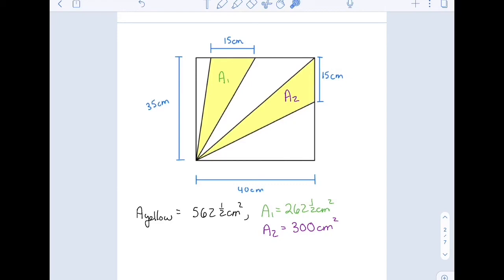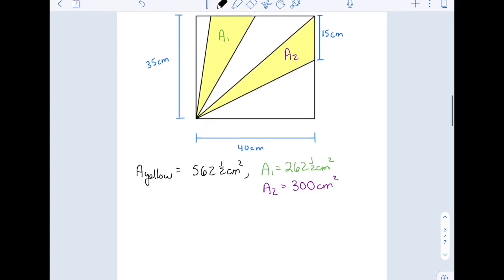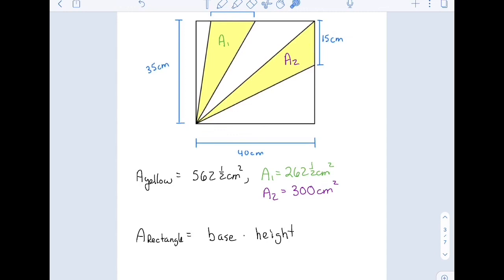We're going to use the takeaway strategy, where we look at the area of the full rectangle, and we take away the parts we don't want, the yellow parts, and we'll be left with the area of the white region. So to start with, we need the area of the rectangle. We know the area formula for the rectangle is the length of the base of the rectangle times the length of the height of the rectangle. Here we have the base of 40 centimeters and the height of 35 centimeters.